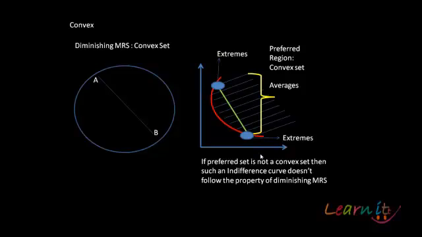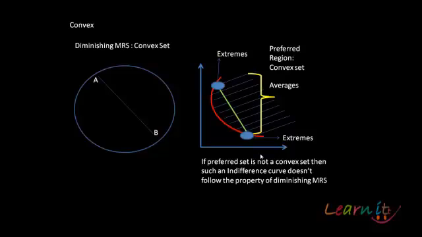So if the indifference curve is strictly convex, then the combination at the midpoint, that is (x1 plus x2)/2 and (y1 plus y2)/2, is of course preferred to either of the 2 extreme combinations.